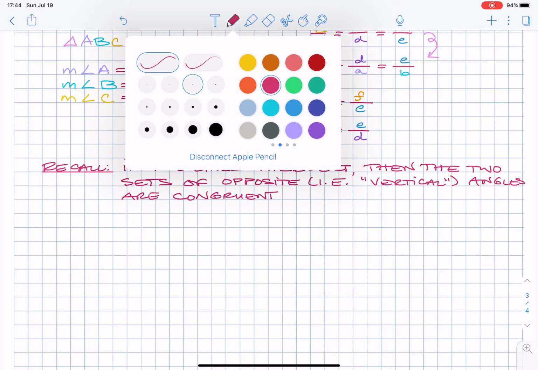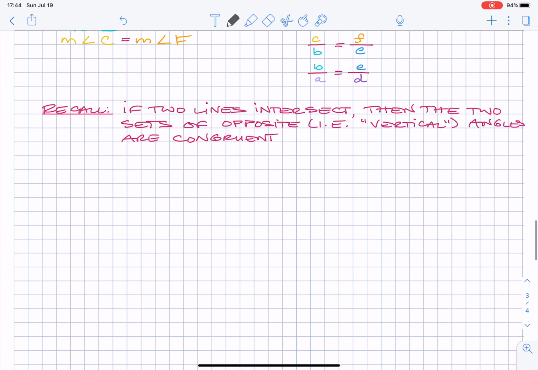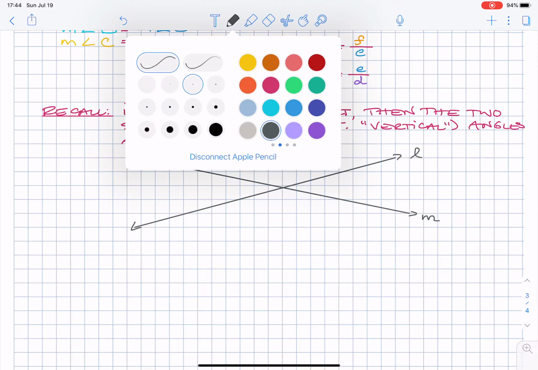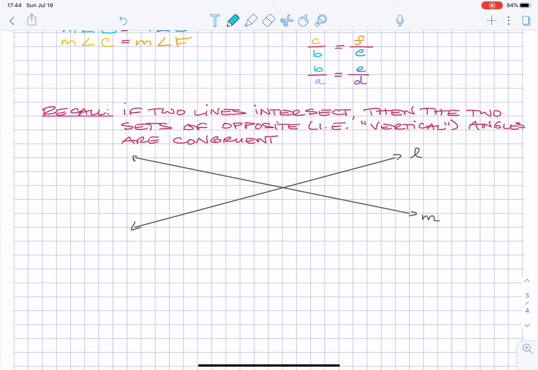Let's do two lines crossing one another. So I've got one line here. Remember, a line has arrows on both ends. Let's call this line L. Very clever for a line, calling it L. Let's have another line here, little m. Okay, so what we're saying is that if I look at the angle here, this angle and this angle here, let's call them both alpha.